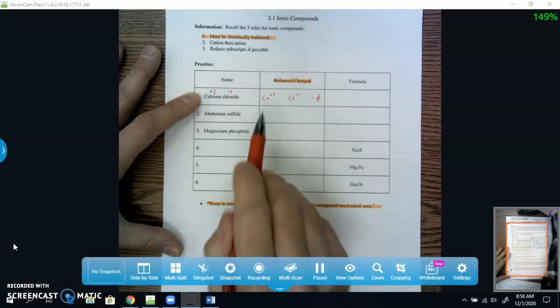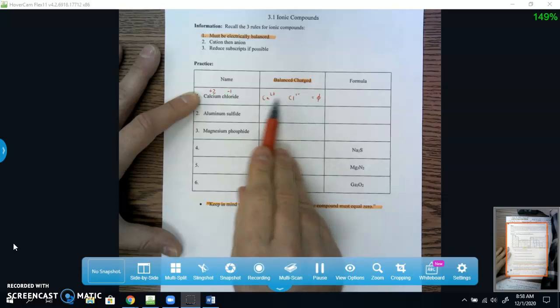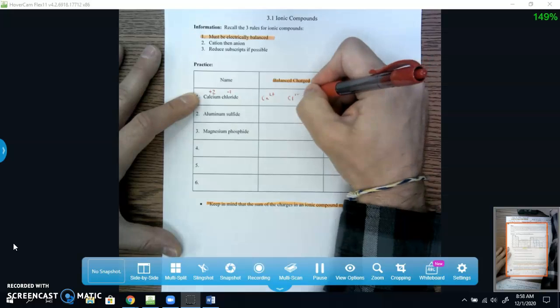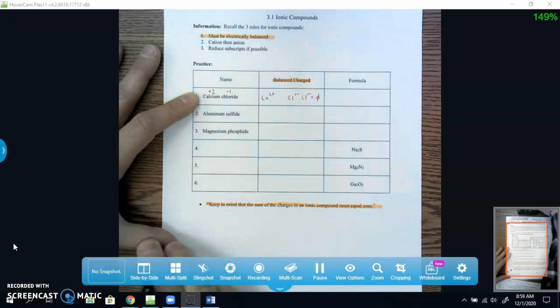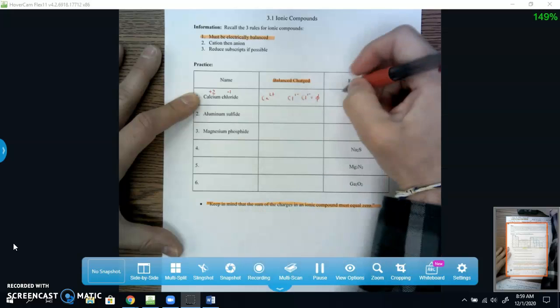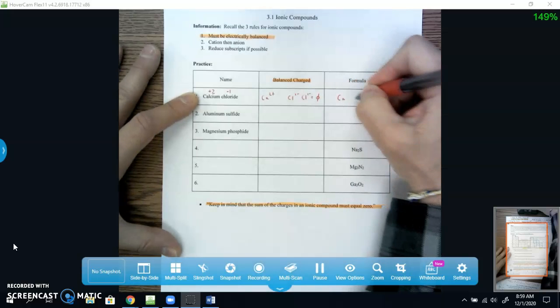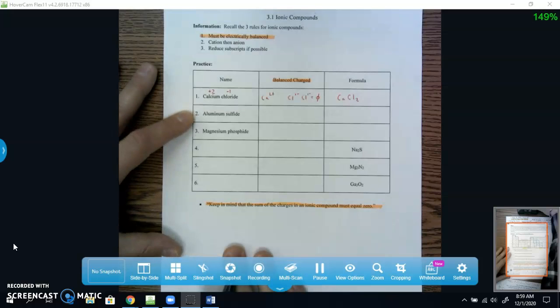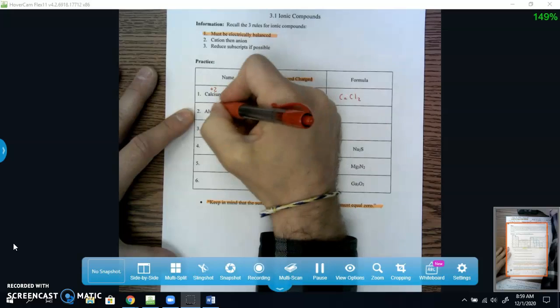So for that reason, we need to mix and match the calciums and the chlorides to get this to be a true mathematical statement. And so I'm going to put another chloride ion right there. We can now see that the sum of these charges equals 0, and therefore the formula is CaCl2.